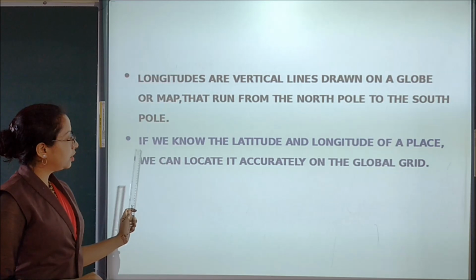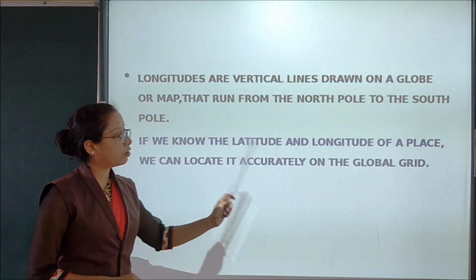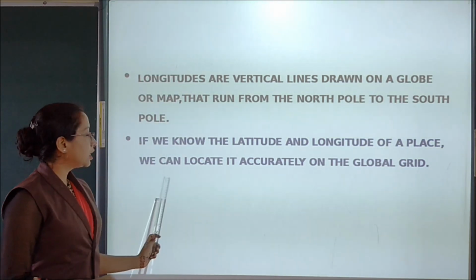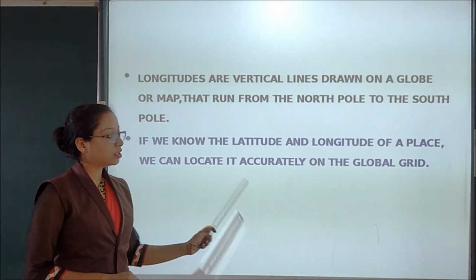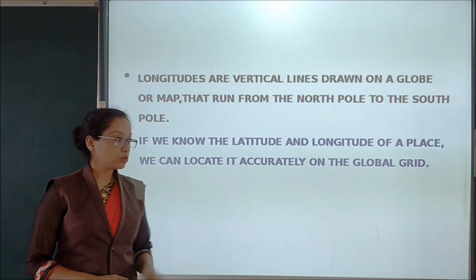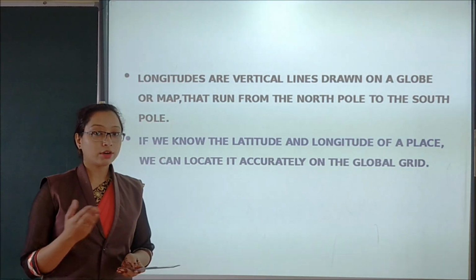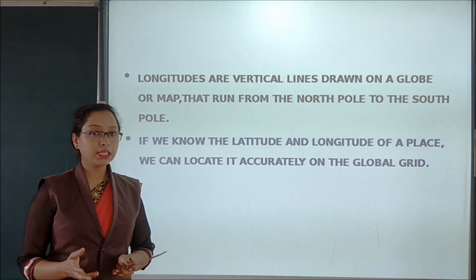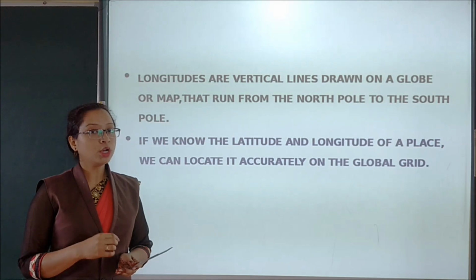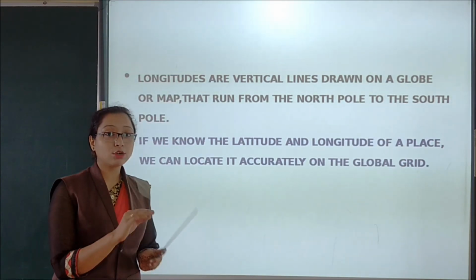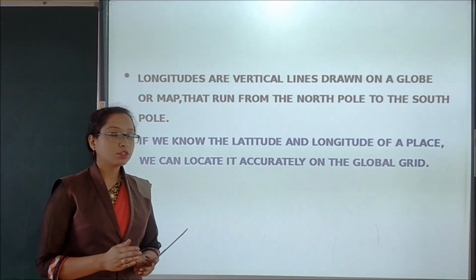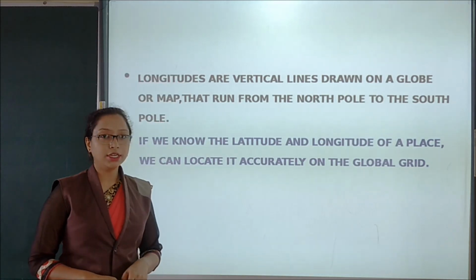Next, if we know the latitude and longitude of a place, we can locate it accurately on the global grid. So if we know both these things, we can locate the place on the globe.